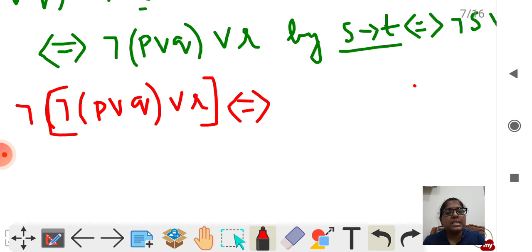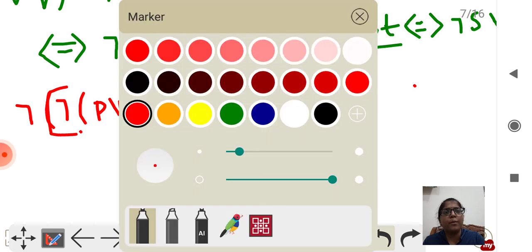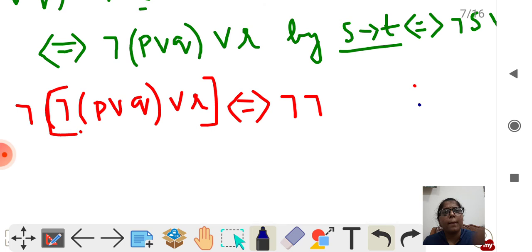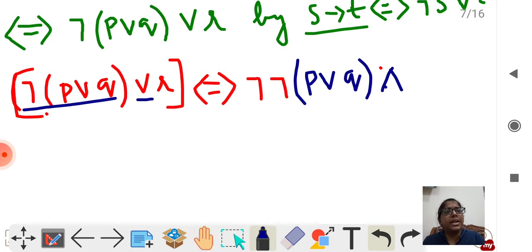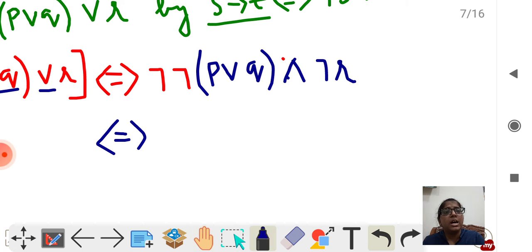If you take the negation inside, it becomes negation of negation P or Q, and R becomes negation R. How did we get this? It is by De Morgan's law. You have to mention De Morgan's law.